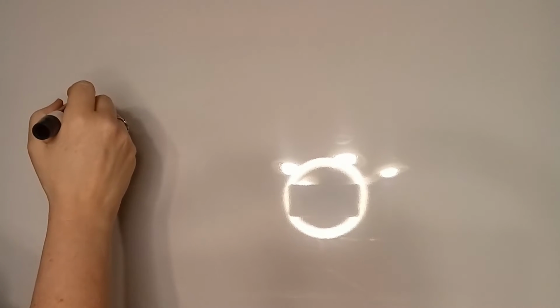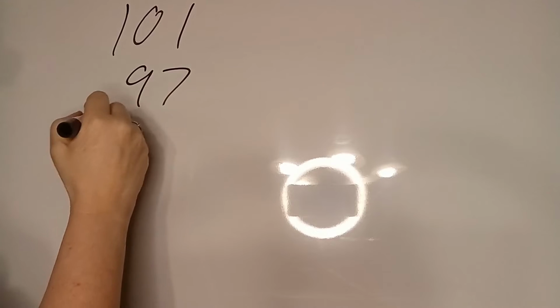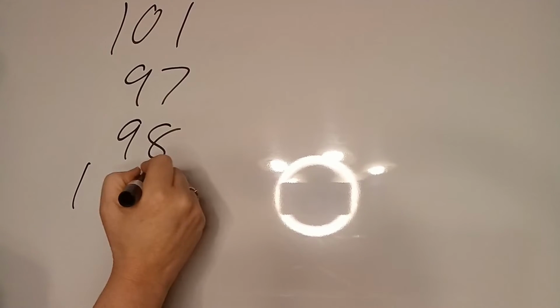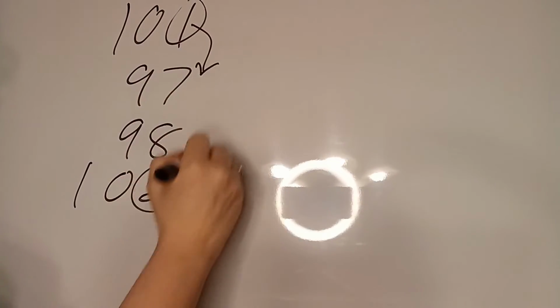Let's try a tricky one. 101, 97, 98, and 102. Let's say we want to make 100, right? Well, we've got 2 that are over here that we can add to this 97, right?